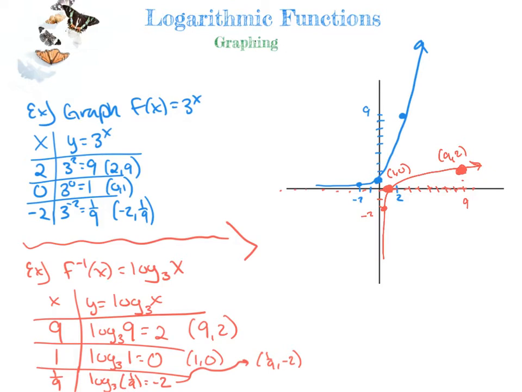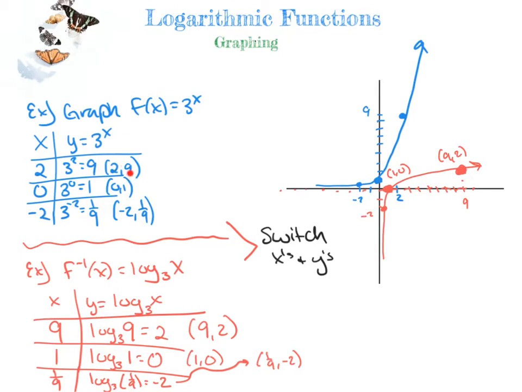One more quick point I want to make after plotting those points. The big goal of finding an inverse function was to switch your x's and y's. You can do that algebraically, like we did in those videos where we found inverse functions, just algebraically switching the x's and y's.